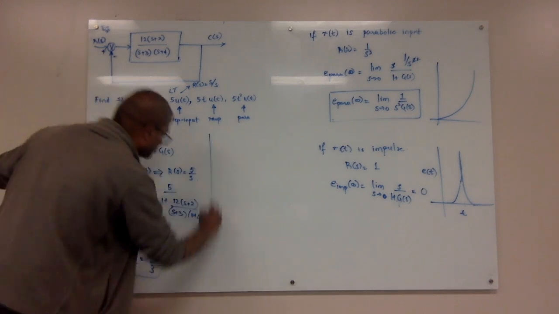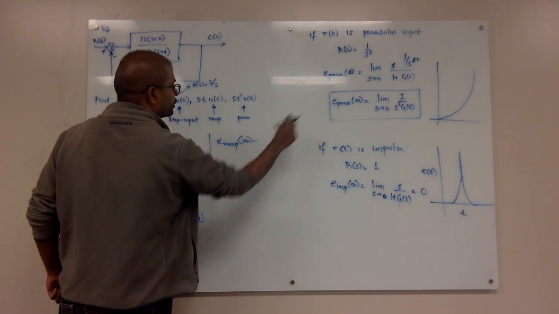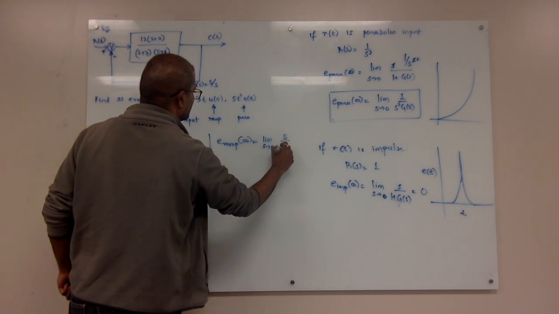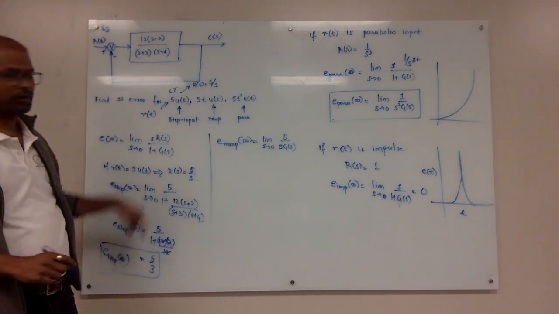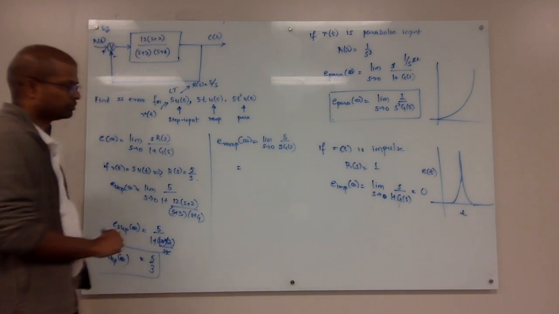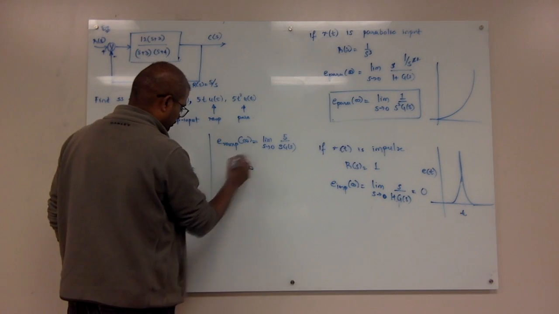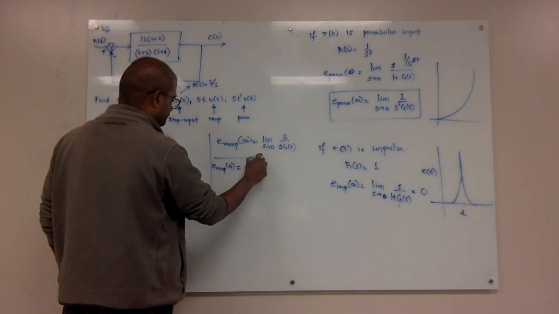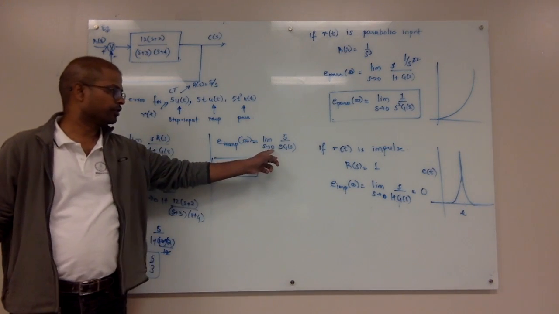Similarly, E ramp is what? Instead of 1, you will have the limit as S tends to 0 of 5 divided by S into G of S. What is G of S when you substitute S equal to 0?